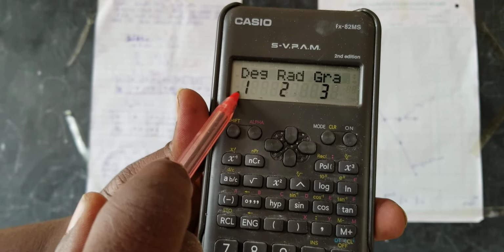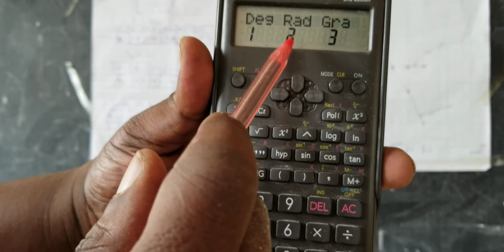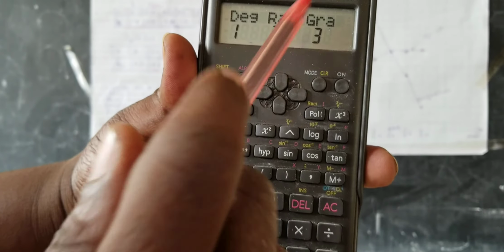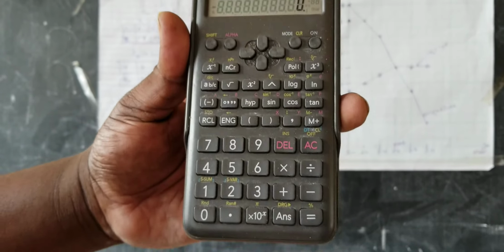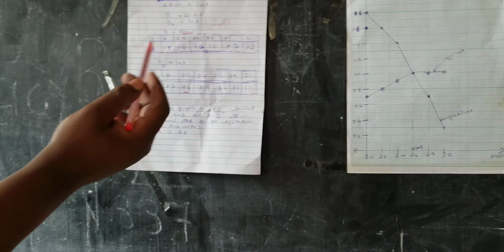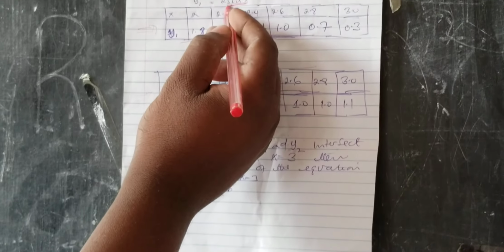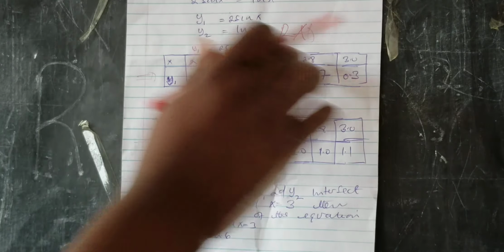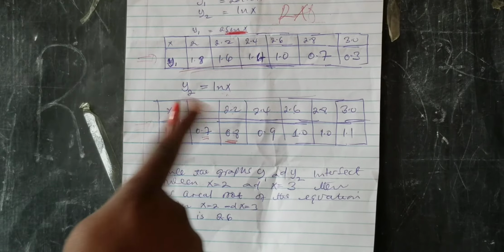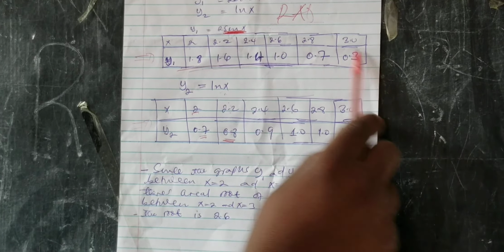Don't operate when it is in degrees. So you press the 2, then the calculator is set to radians. Every time you are having a trigonometric function like sine, make sure that the calculator is set to radians. Then you get the corresponding values of y1.